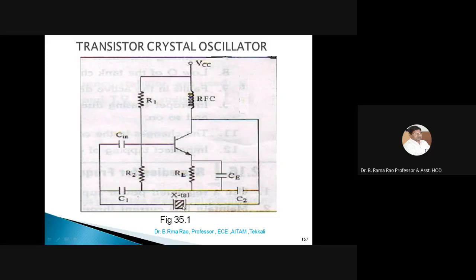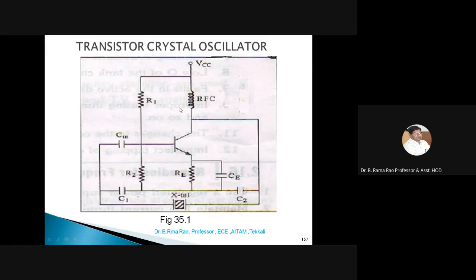Hence it is also called the Colpitts crystal oscillator.